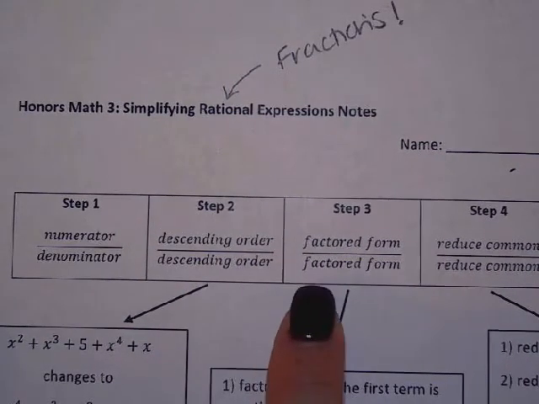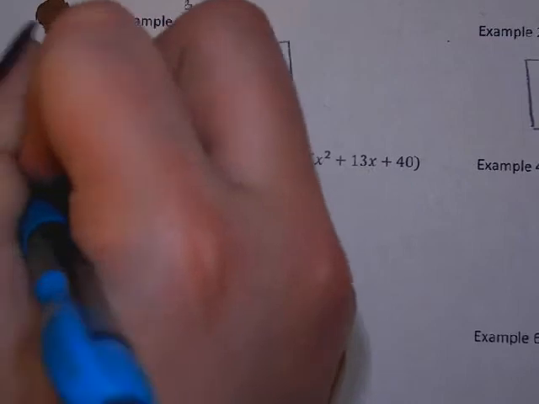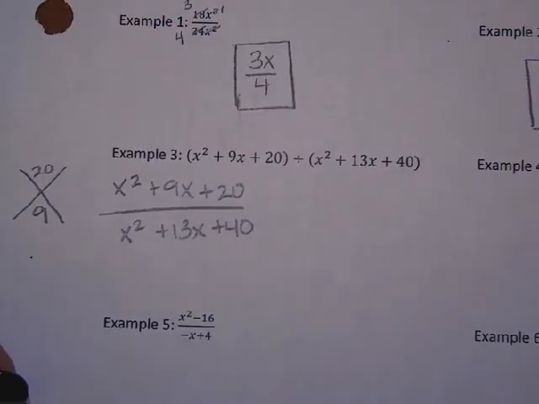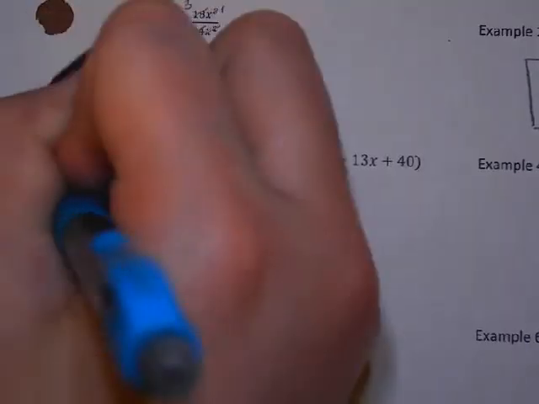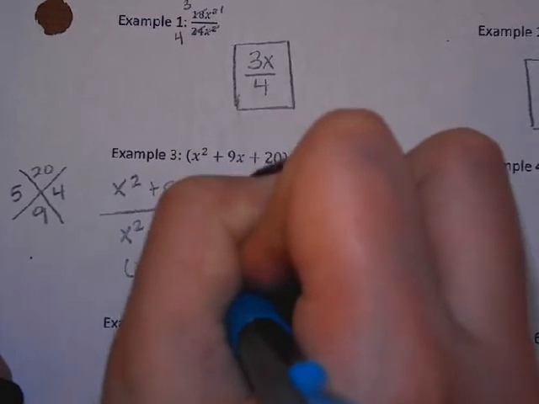Now we're going to do the factored form, because when we write it in factored form, we will know what things have been multiplied. For the top, we are looking for 2 numbers that multiply to 20 but add to 9: 5 and 4. So on the top, we have x plus 5, x plus 4.